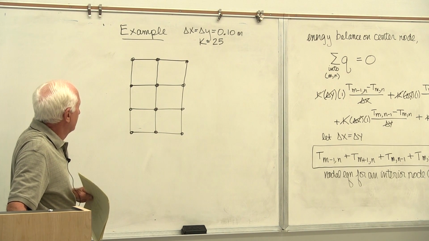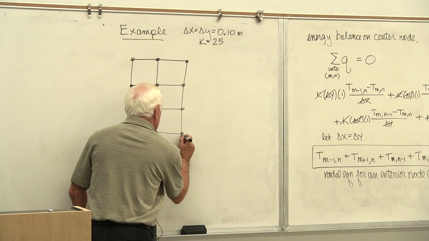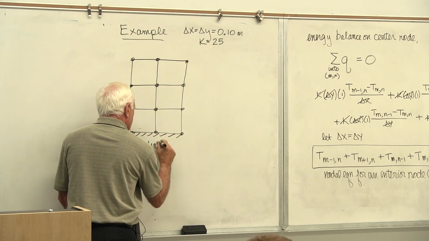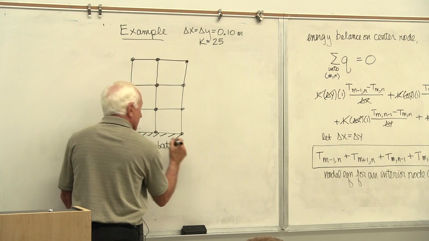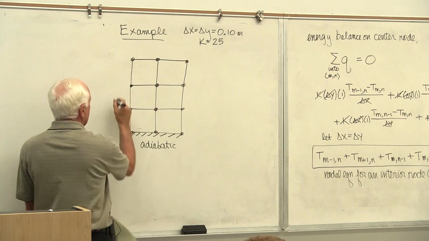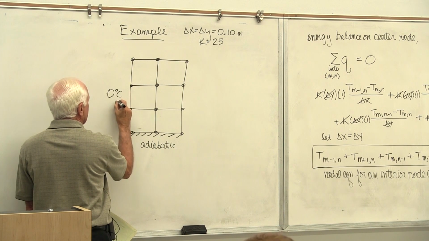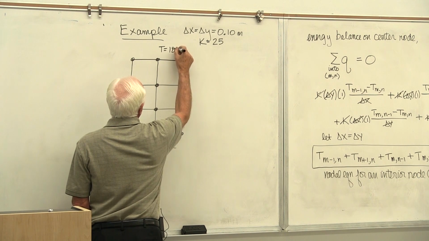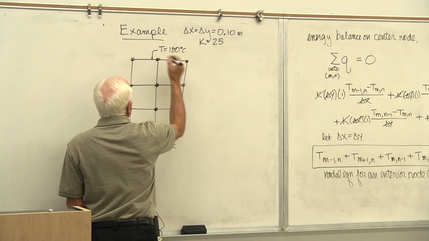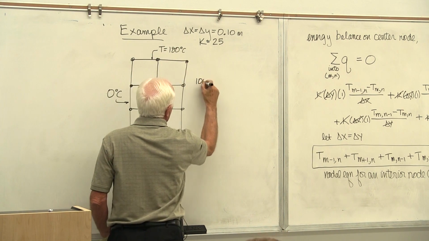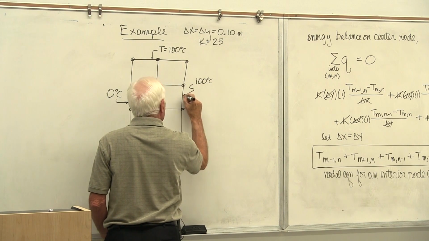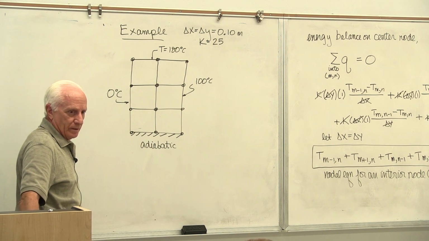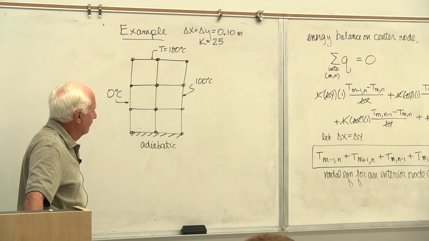Okay. Now, the bottom of the plate is given to be adiabatic. The left-hand side of the plate is kept constant at 0 degrees C. The top is kept constant at 100 degrees C. The right side is kept constant at 100 degrees C. And of course, we're asked to find the temperatures, the temperature distribution in this model.